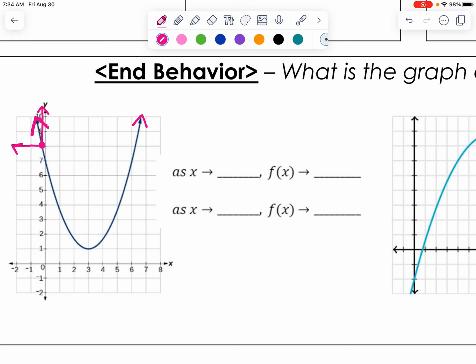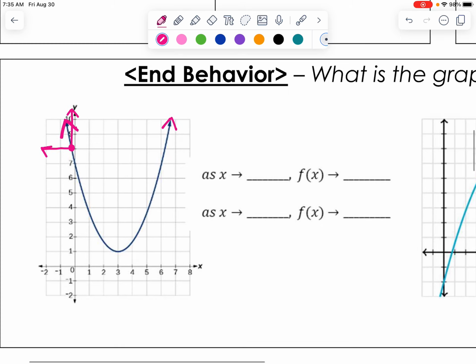First, let's start with the fact that it's moving left. Which values on a graph, the x or the y's, move left and right? If you said the x values, you would be correct. So as we talk about the left end moving to the left, we're looking at the x values.